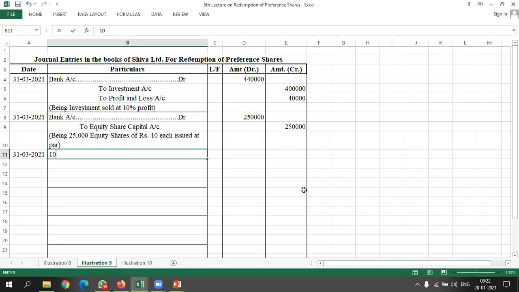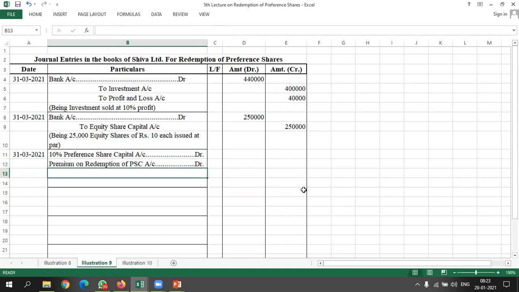So 10% preference share capital account debited, premium on redemption of preference share capital account debited to preference share holders account.